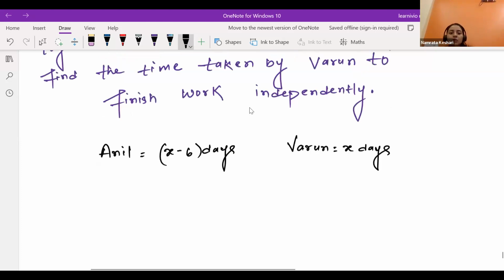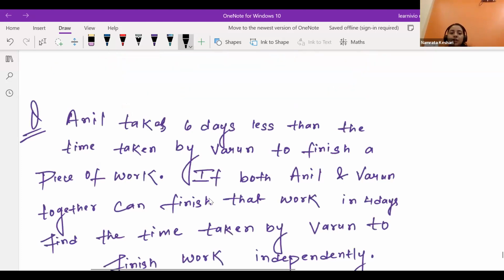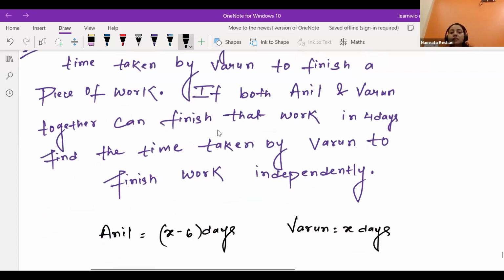Now if both Anil and Varun together can finish the work in 4 days, if they work together, the work will get finished in 4 days. In this type of question, whenever two or maybe three persons are working on the same work, say the first one has to write 100 pages, the other one is also writing 100 pages, both have different efficiencies.